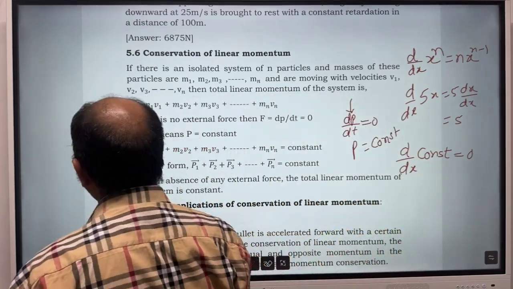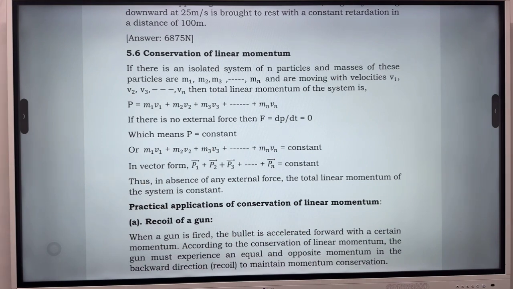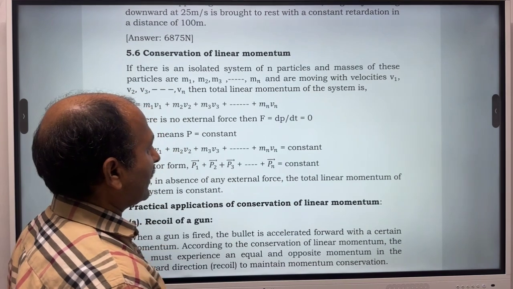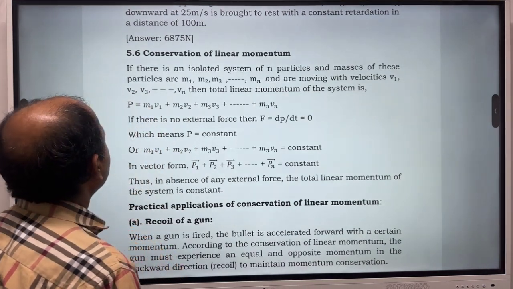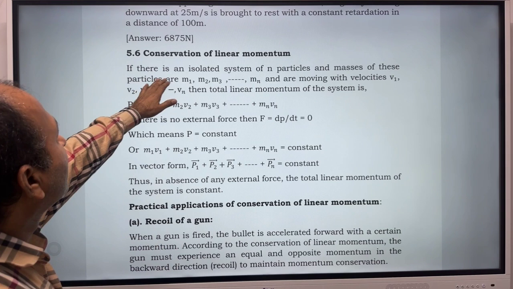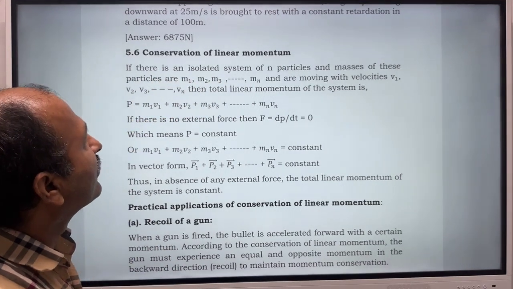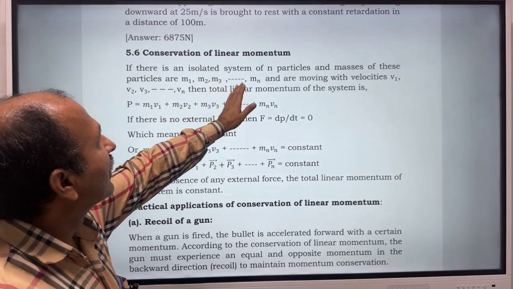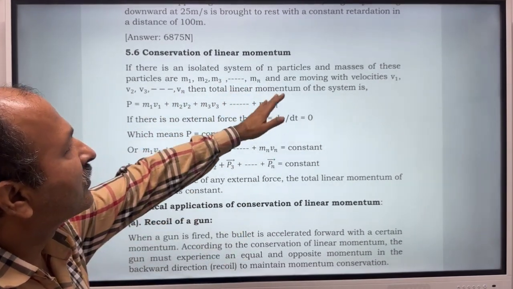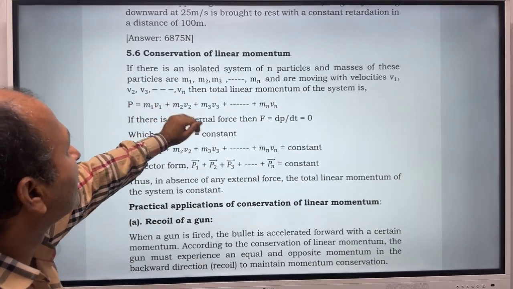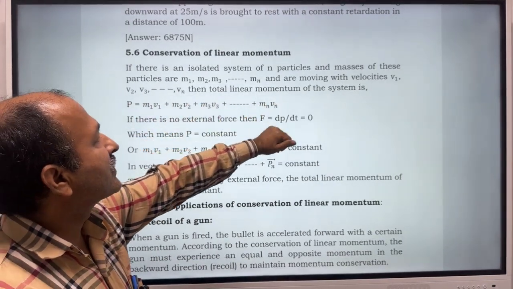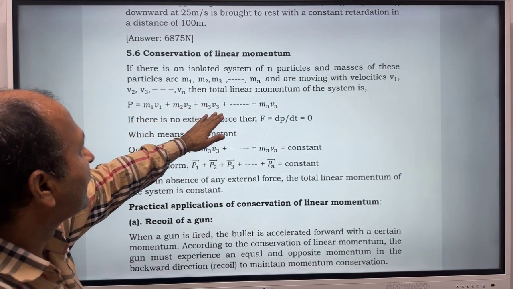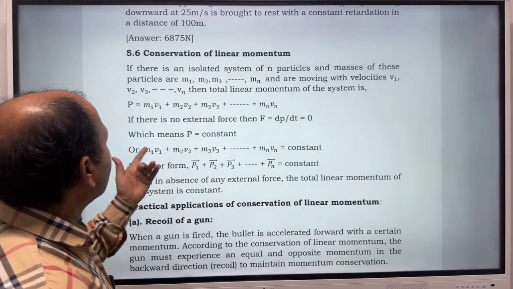So conservation of linear momentum states that in absence of any external force, the total linear momentum of the system is constant. Let's read it here. If there is an isolated system of n particles and masses of these particles are m1, m2, m3 till mn, and they are moving with velocities v1, v2, v3 and vn, then total linear momentum of the system is given by p equal to m1 v1 plus m2 v2 plus m3 v3 plus dot dot dot plus mn vn.